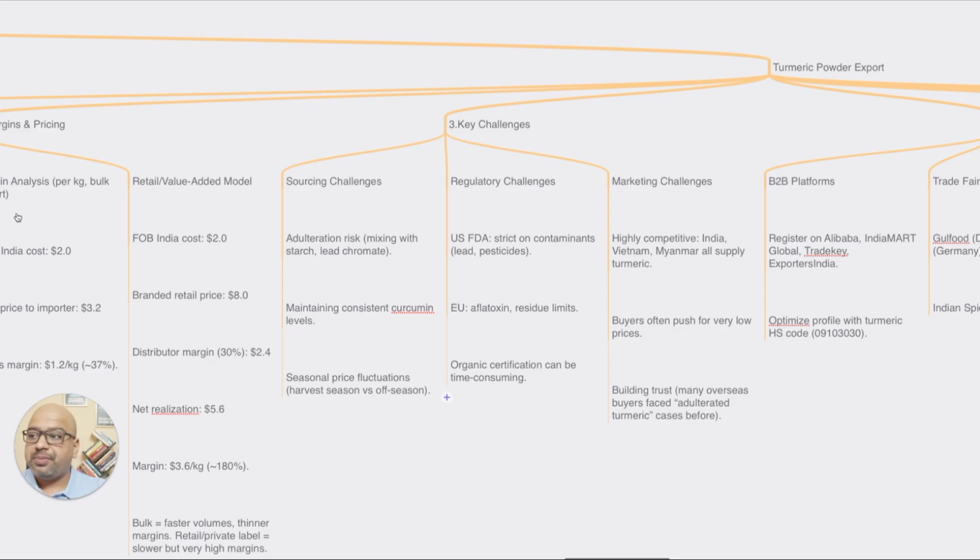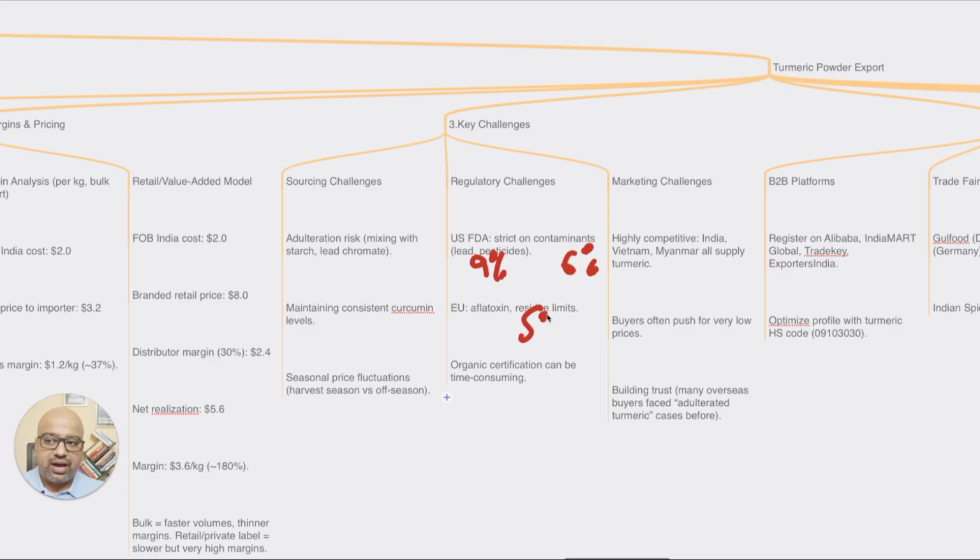So look out for the permissible limits and what adulterations could possibly be done in your container. If something goes wrong here on the quality, who is responsible? Your agreement has to define that. If you need agreements, if you need any help on that, please get in touch with us. Maintain consistent curcumin levels, because normally in India we don't get 9% curcumin or 6% curcumin.